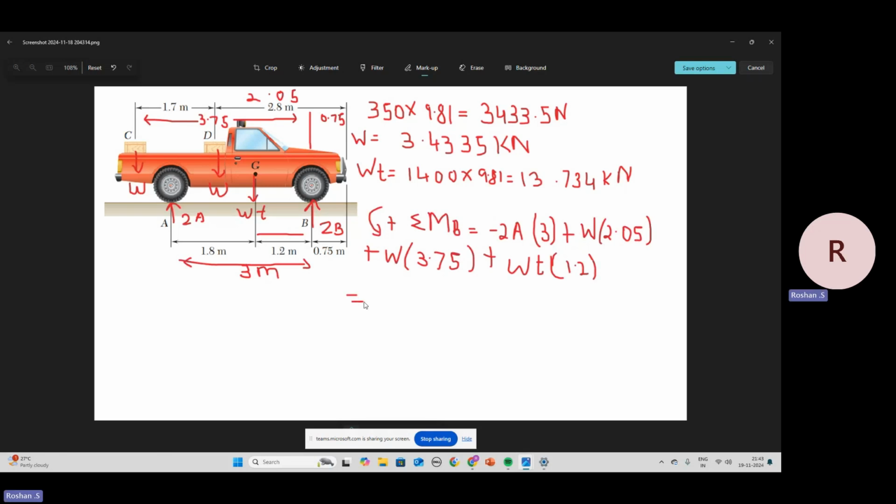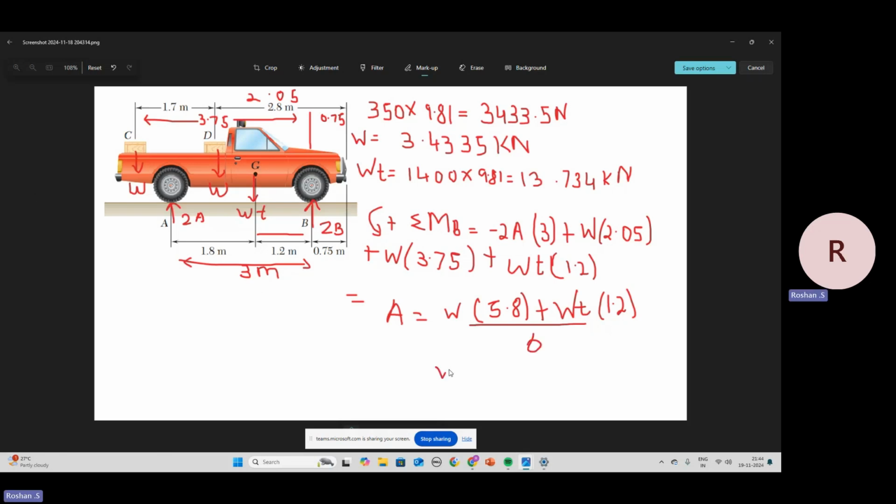On calculating this, we will get A is equal to weight into 5.8 plus weight of truck into 1.256.